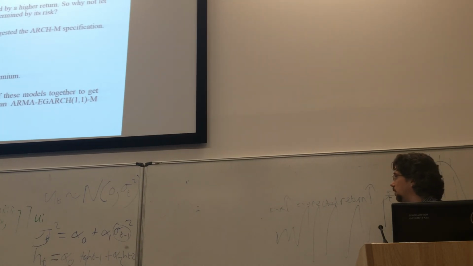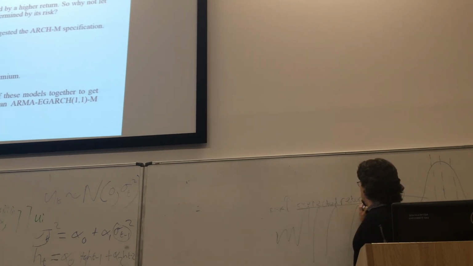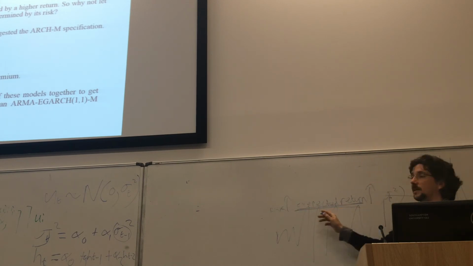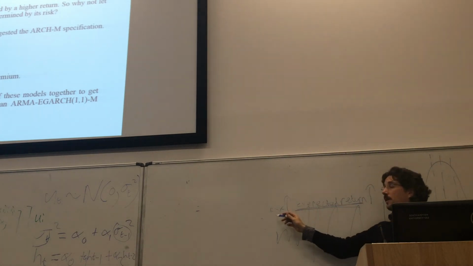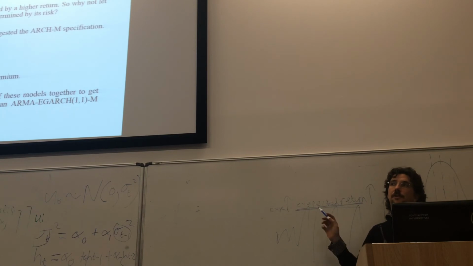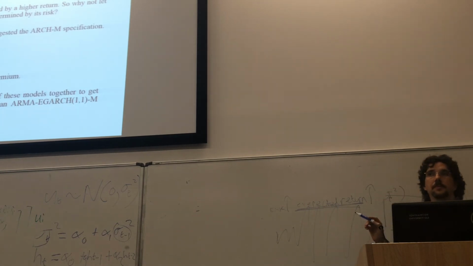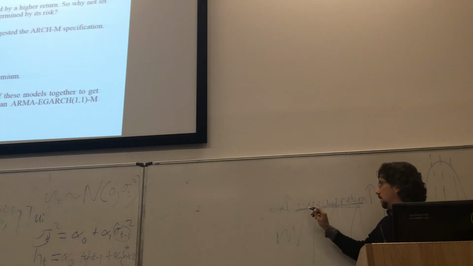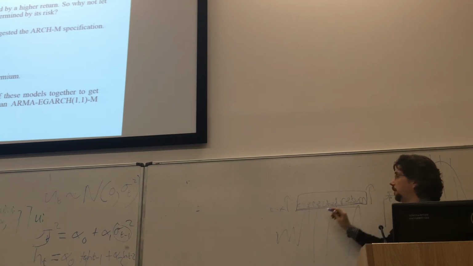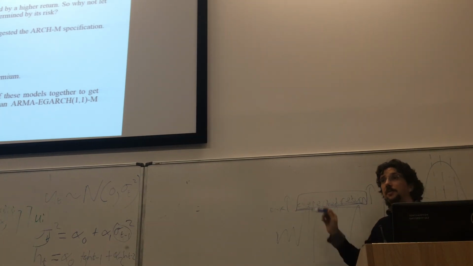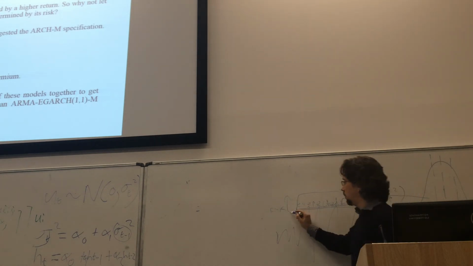Okay? So how are you going to get an increased expected return? Investors are demanding an increased expected return for holding a higher level of risk. If the risk goes up and the earnings don't go up, the only way for the expected return to go up and for people to hold the stock is for the price of the stock to drop.